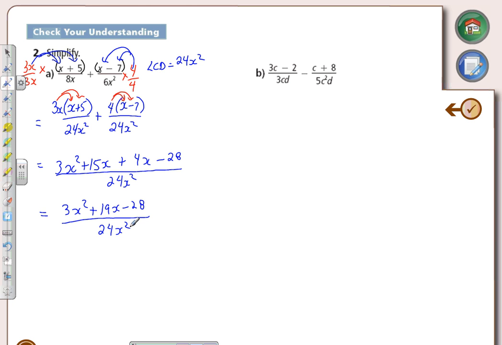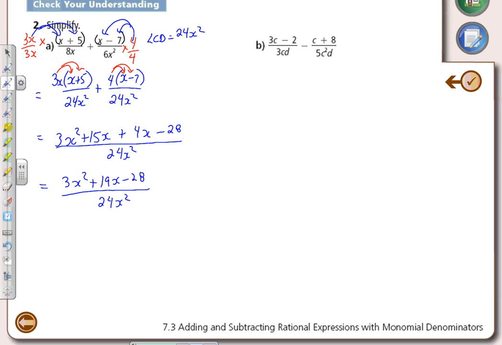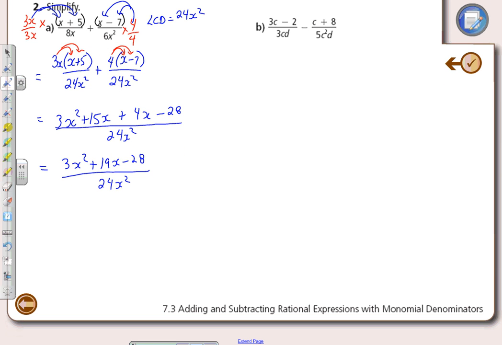You've got to look, can we keep going? Can we still factor? Is there any GCF in the numerator? No. Is the numerator factorable? Well, I gave you that quick little trick to be able to figure out if something's factorable. And that was b squared minus 4ac, the discriminant, has to be a perfect square in order to be factorable.